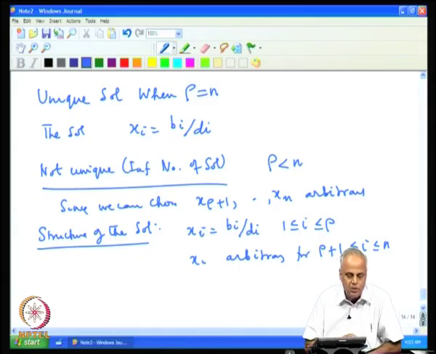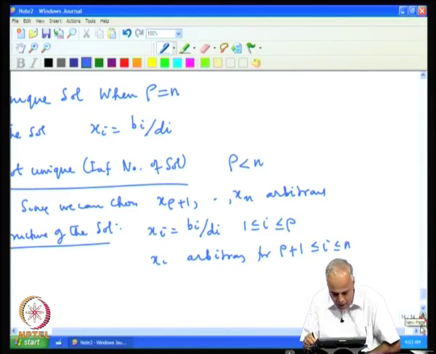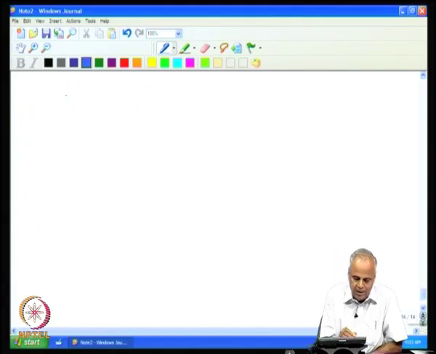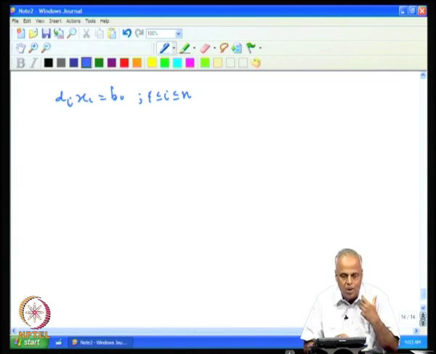But the moral of the story of a discussion of this simple problem is that when we have a system di xi equal to bi, 1 less than or equal to i less than or equal to n, a system of n equations in n unknowns where the variables are all uncoupled, most of our answers can be easily got.